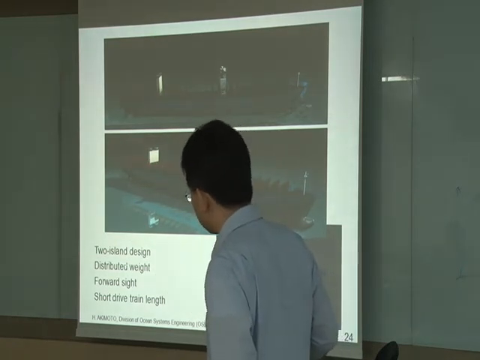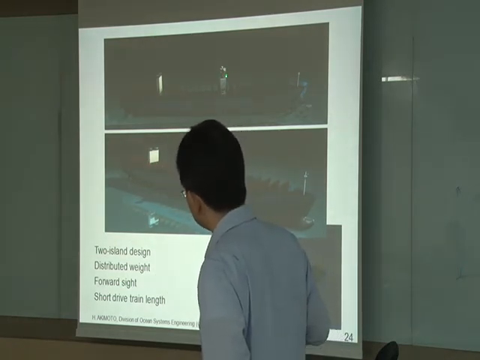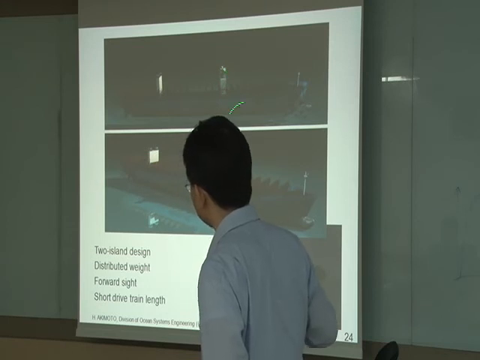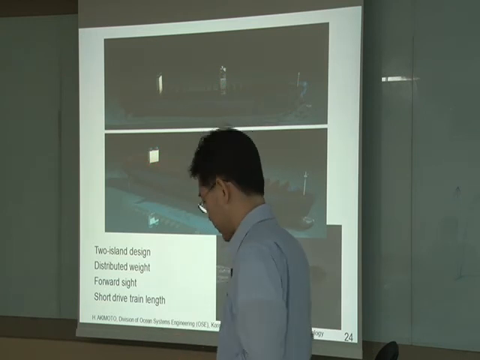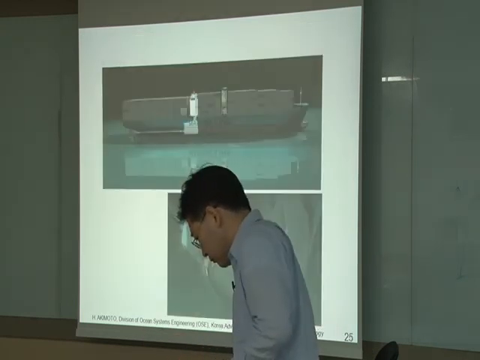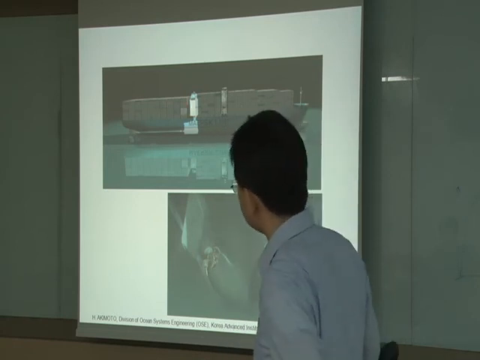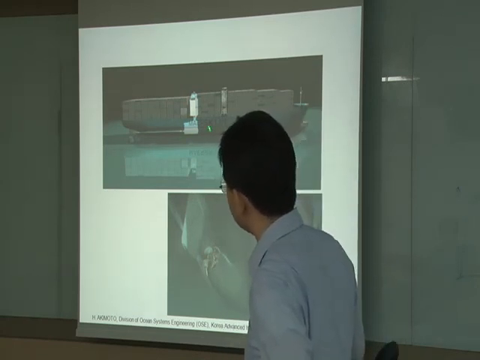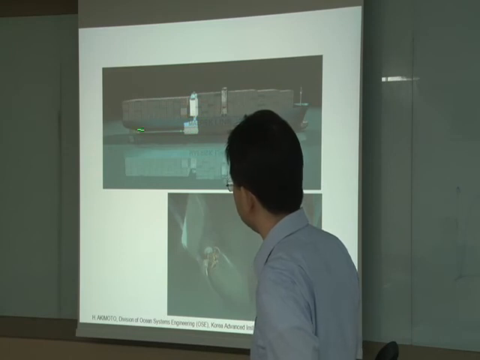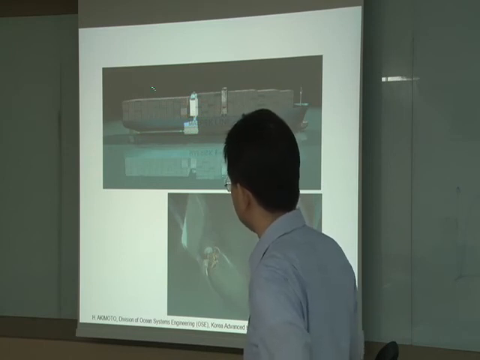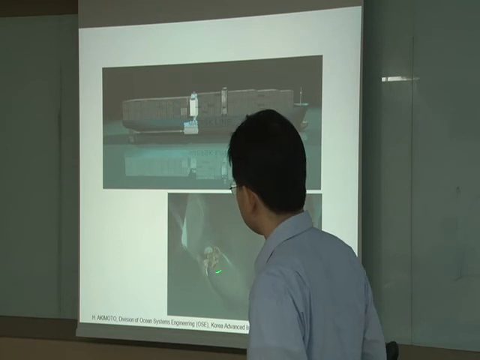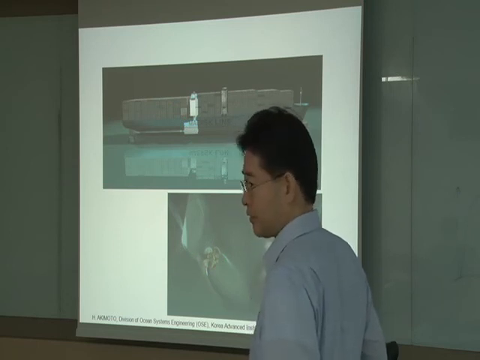This design provides very good forward sight, and the drive train will be shorter than the previous one. It shows the engine part and still a long drive train shaft, and it has two propellers.